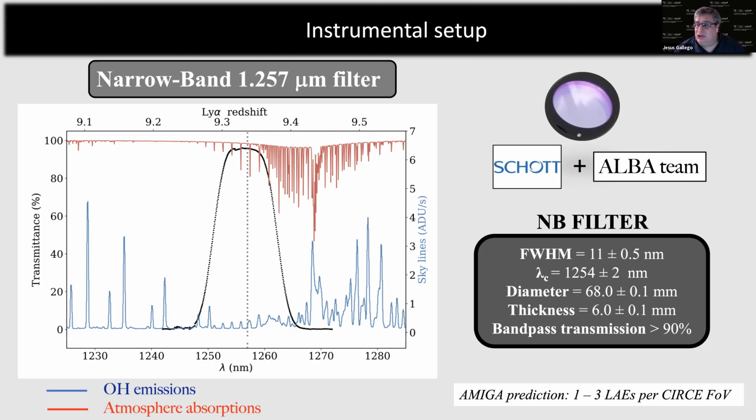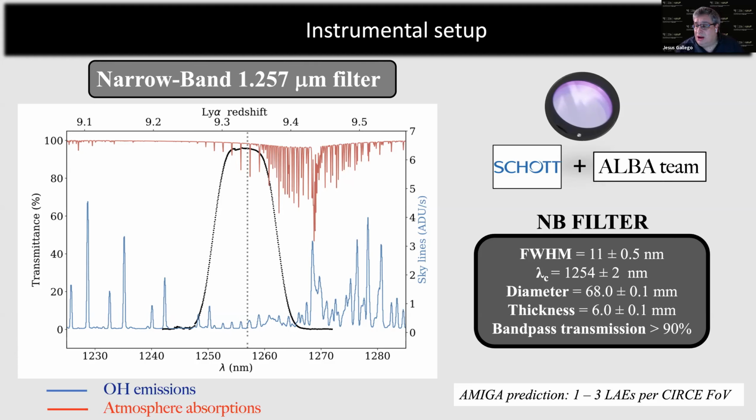The bandpass transmission should be larger than 90%, and you can see in the left panel, in blue, the OH sky emissions, and in red the atmosphere absorptions, the telluric absorptions. The black dots follow the shape of our filter.